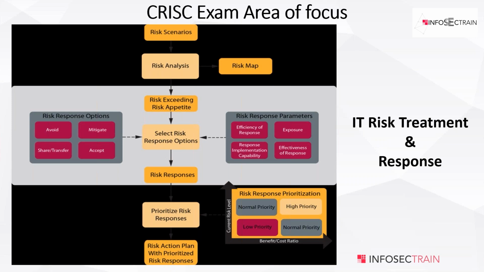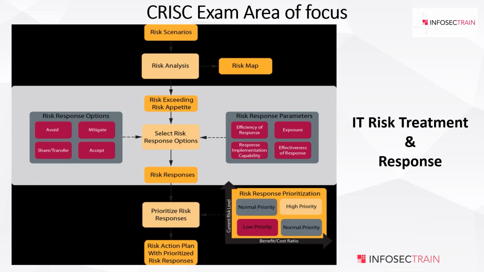If it is stepping over the identified risk appetite, then we have to respond to that risk. If it is not stepping over the risk appetite, then merely we can say we accept that risk. Otherwise, we have four risk response options: avoid, mitigate, share or transfer, and accept. So these four responses we have to consider.